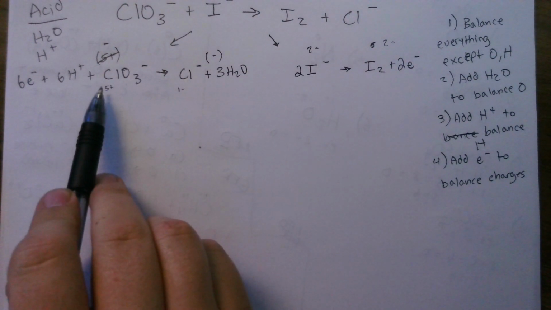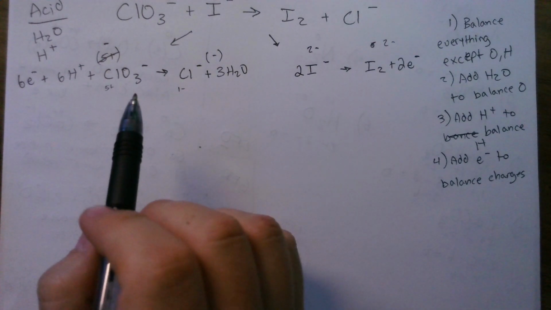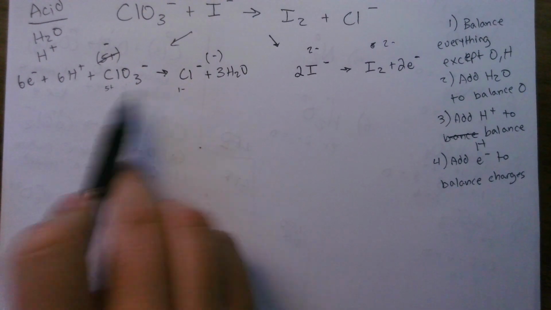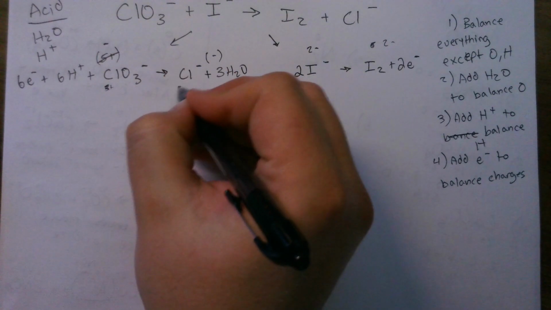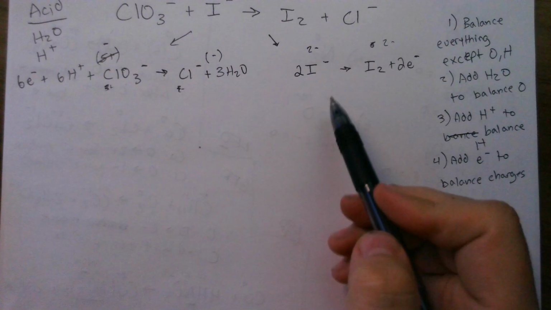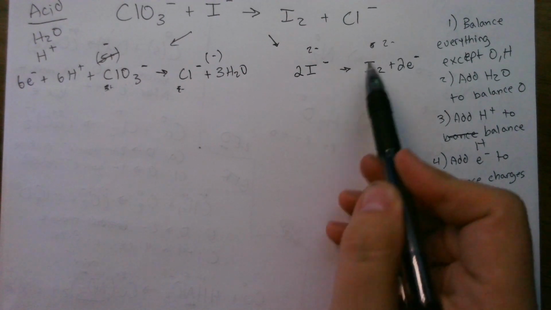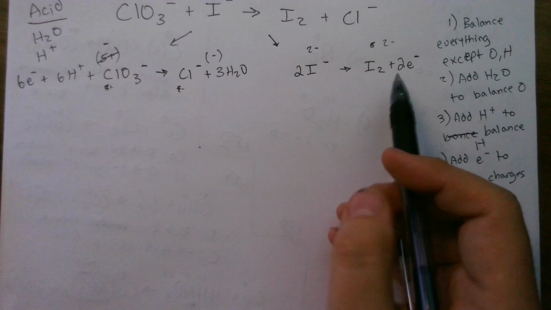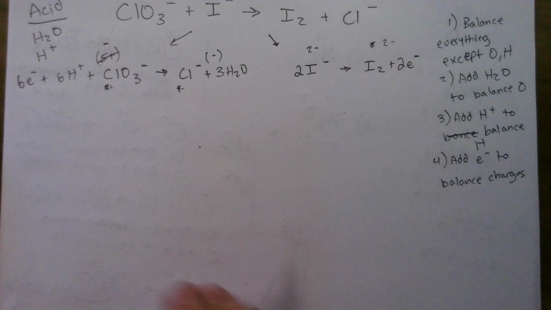If we think about the chlorine here, it's getting more electrons, gaining electrons: reduction. This chlorine gains electrons, so this must be the reduction part, and over here must be some oxidation. Iodine's going from a negative to 0, so it's getting more positive. Getting more positive means you're oxidizing, you're losing electrons.